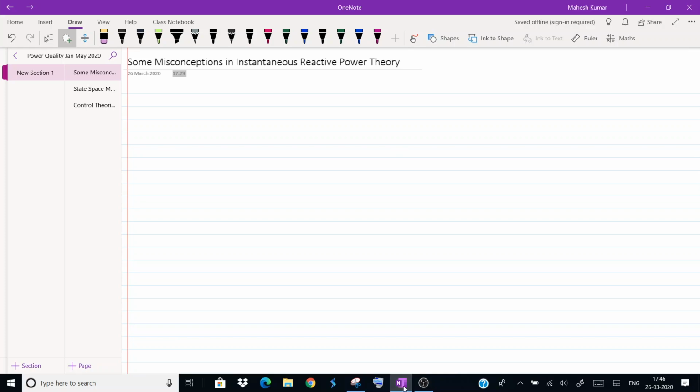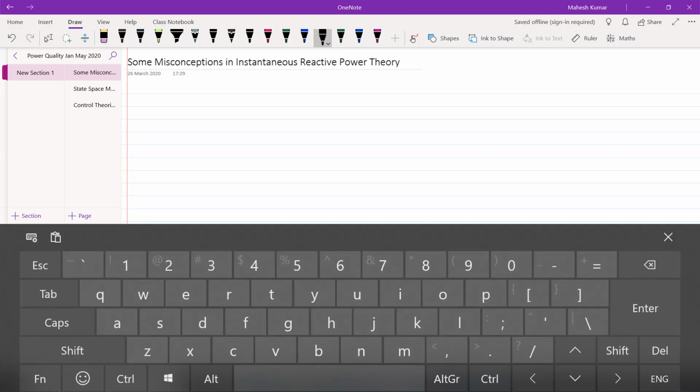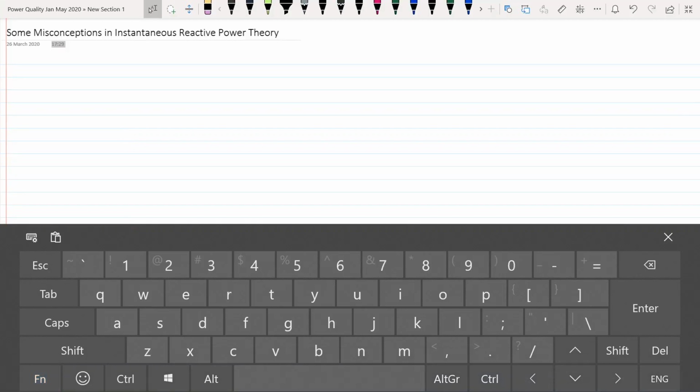Now for the three-phase, three-wire system, as you know, we can write the ABC components in terms of the alpha beta components. If I do so, then we can write like this.